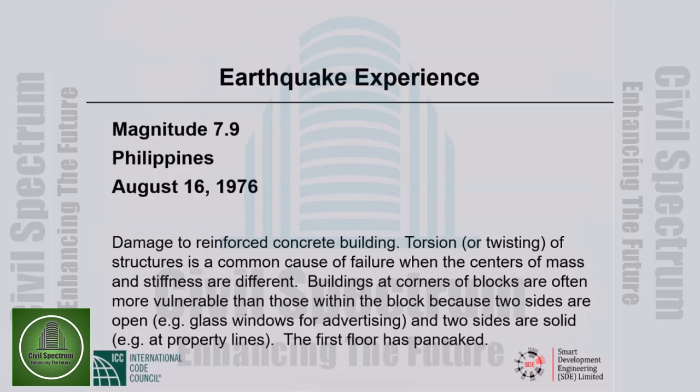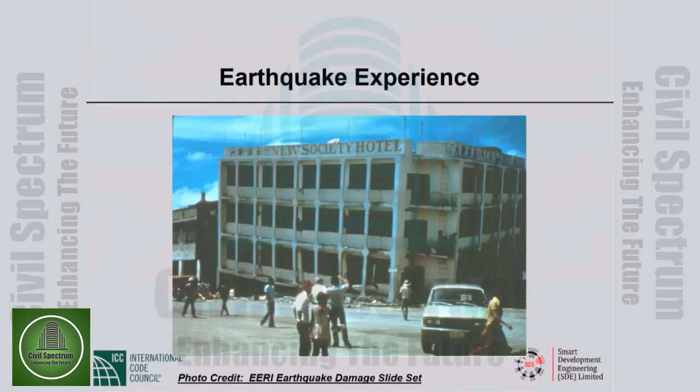A Filipino earthquake, 1976 in Manila. The building is at the intersection of two streets. So there are two street fronts, and it is a natural desire to keep them open.